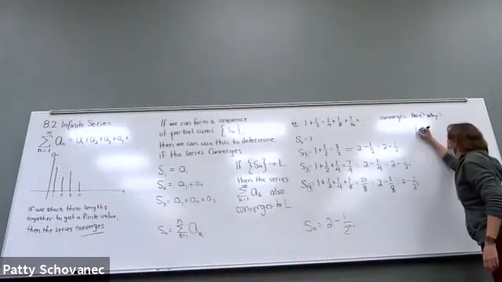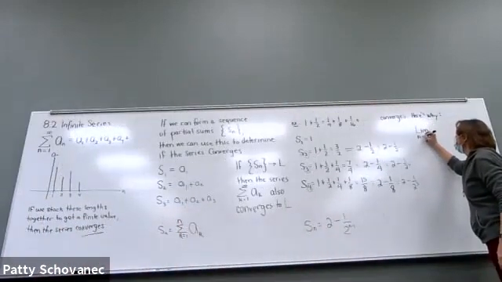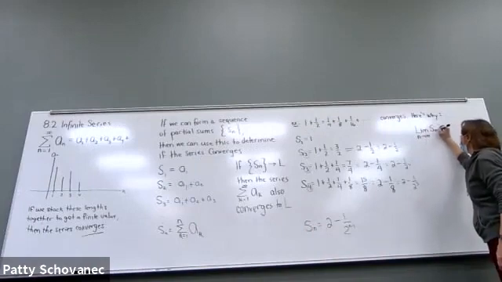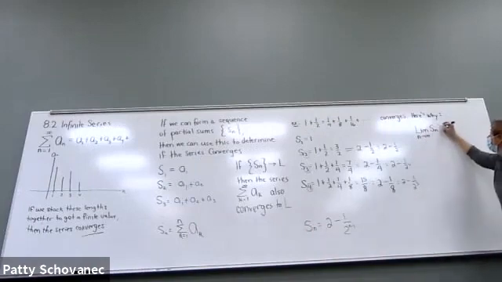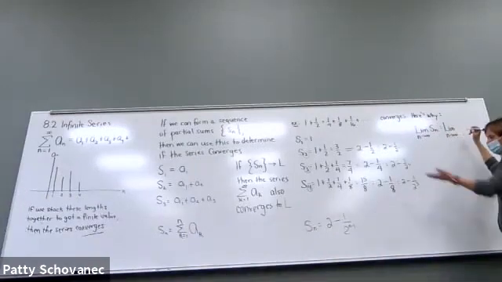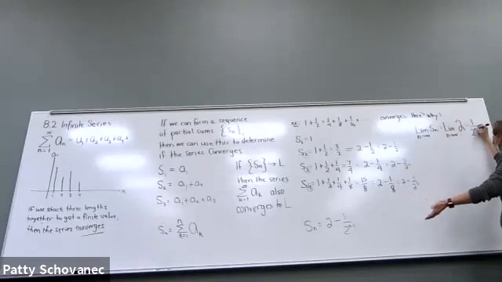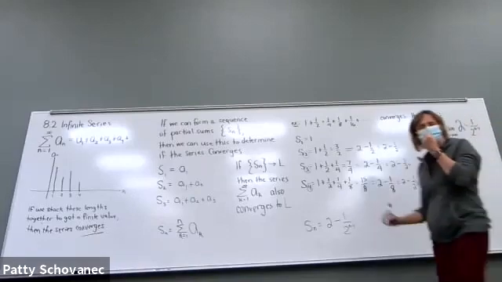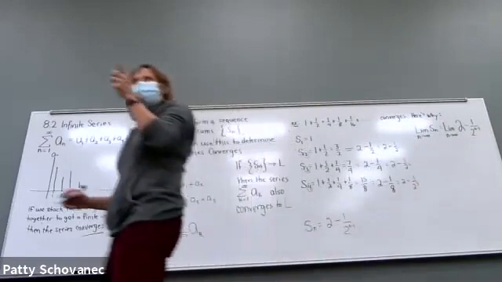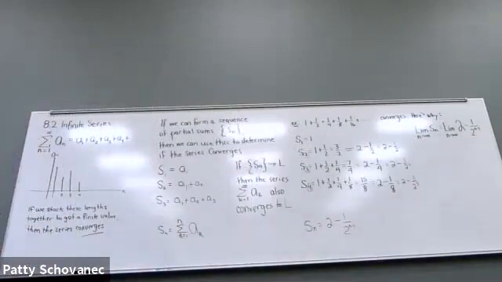And so if I take the limit as n goes to infinity of that nth partial sum, I'm looking at the limit as n goes to infinity of that formula that I concocted: 2 minus 1/2 to the n minus 1. Is that limit obvious to you?